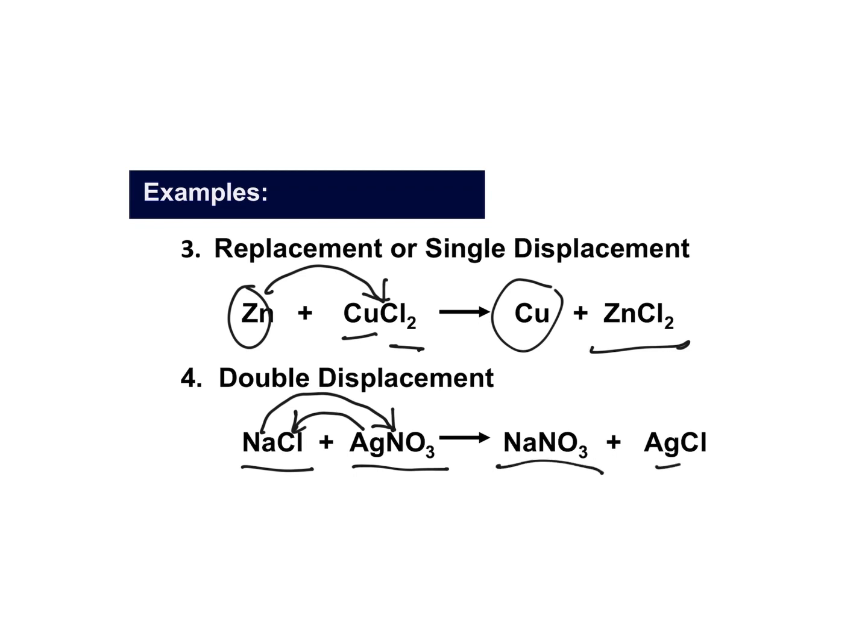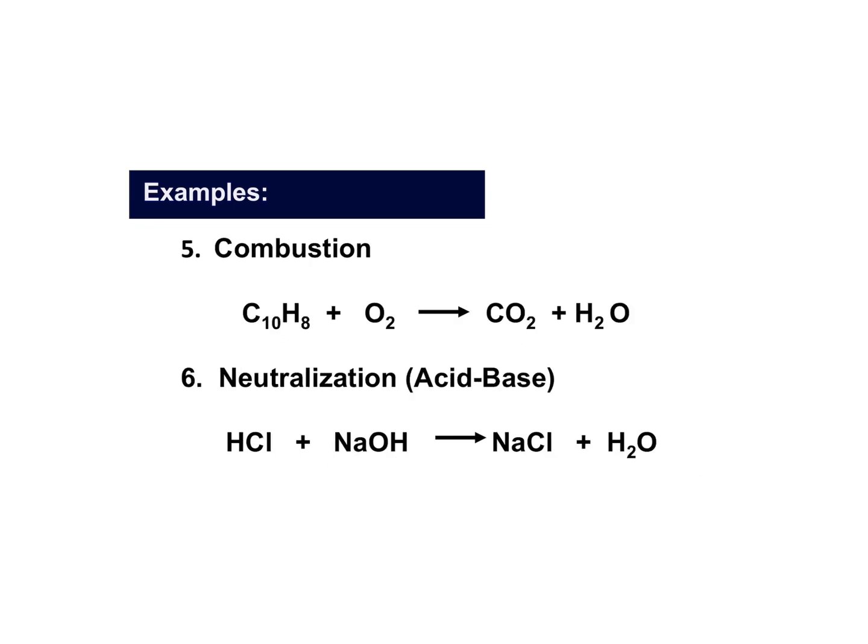So that will be sodium nitrate and silver chloride. Lastly, the example for combustion is C10H8. If you add oxygen by heating or burning, you will have carbon dioxide and water.